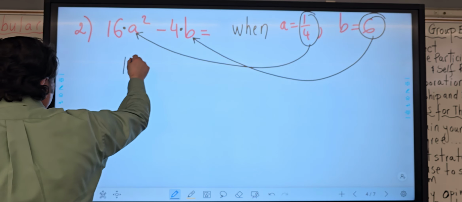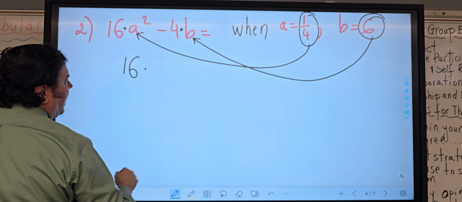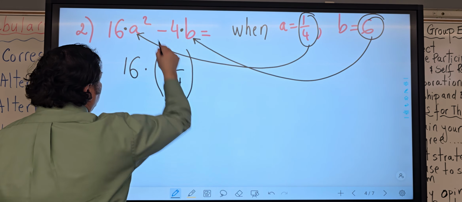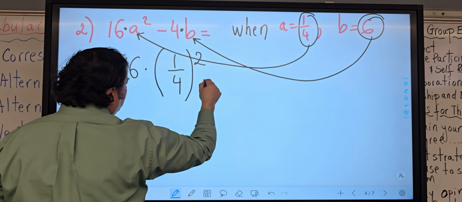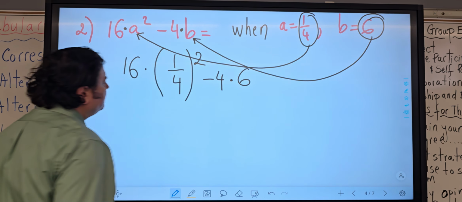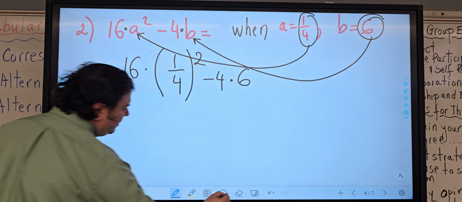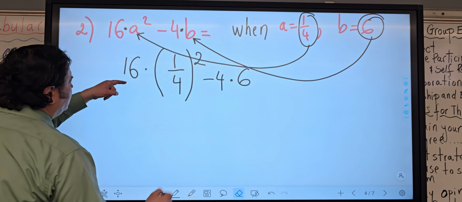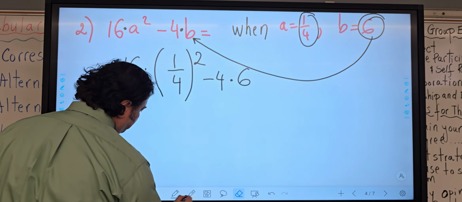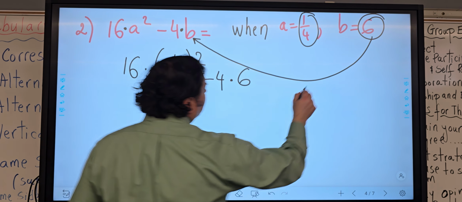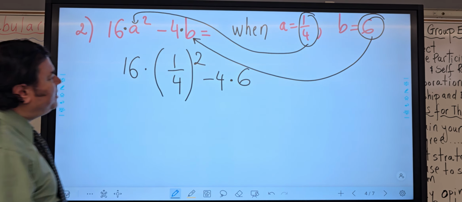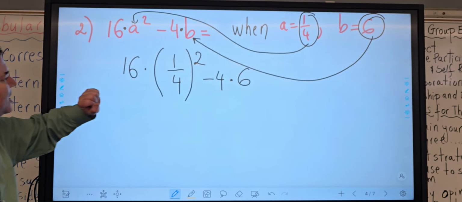We have 16 times, instead of a, a fraction, 1 over 4, and make sure you put the power of 2, minus 4 times, instead of b, 6. So we have 16 times 1 over 4 squared minus 4 times 6.